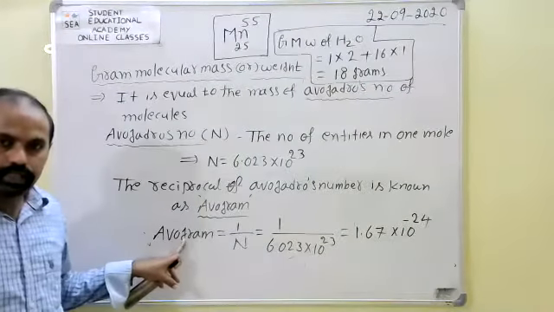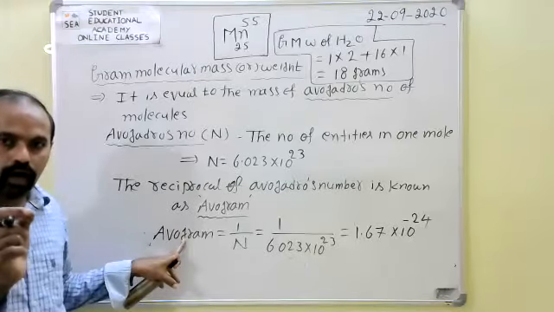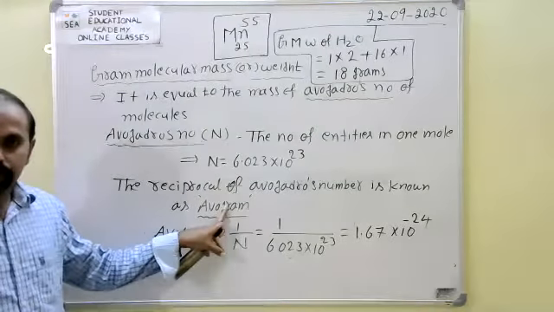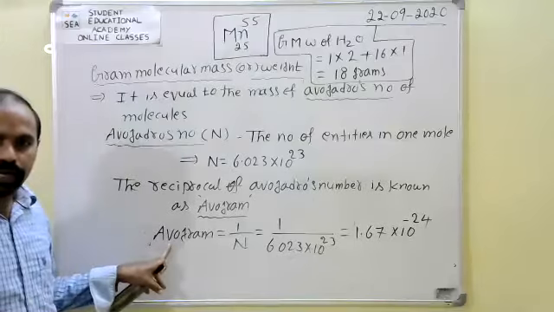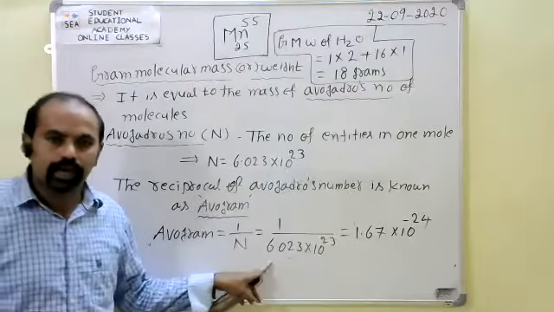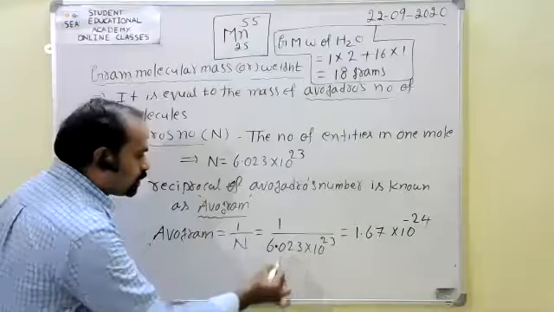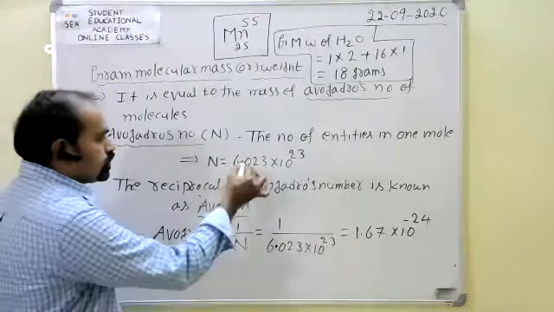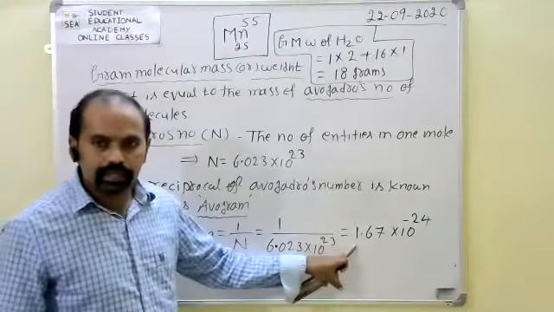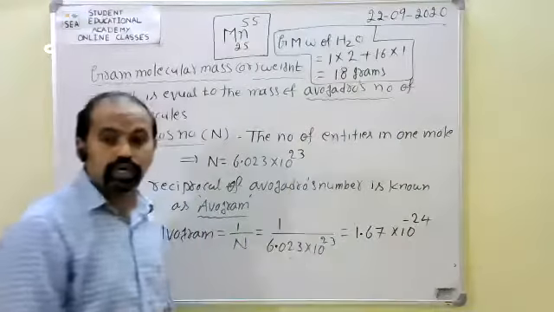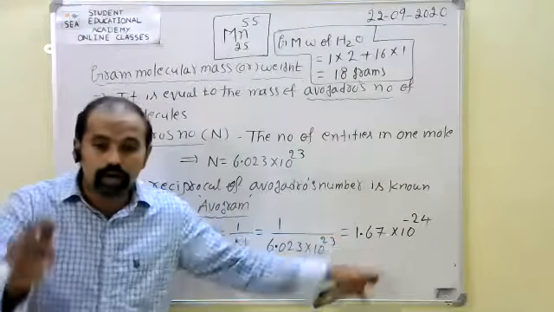So Avogadro equals 1 by N, that is 1 by 6.023 into 10 power 23, which is nothing but 1.67 into 10 power minus 24. This is the Avogadro value.